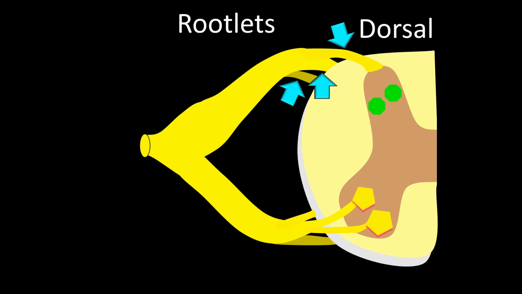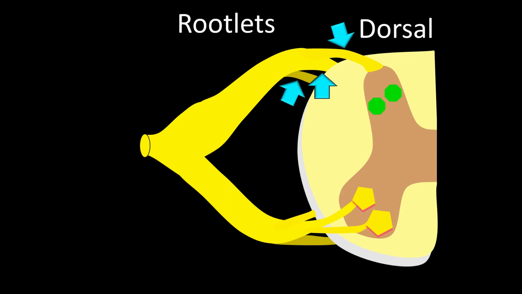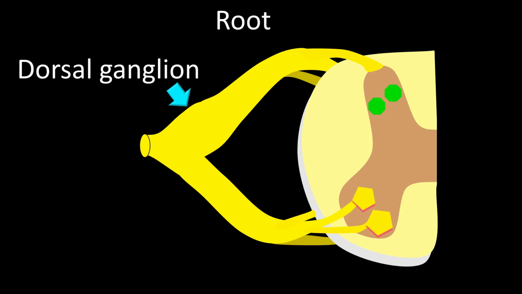The posterior ones are called dorsal, and the anterior ones are called ventral. The dorsal rootlets arise from the dorsal root, which consists of bundles of fibers constituted by the proximal axons of the dorsal ganglion neurons.